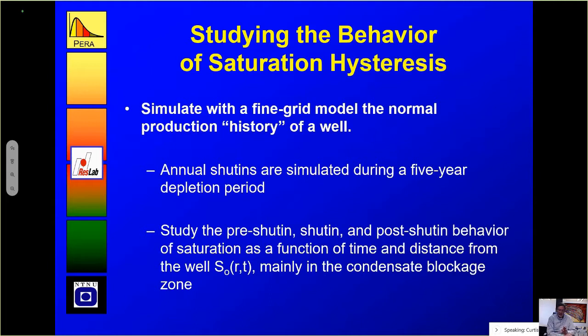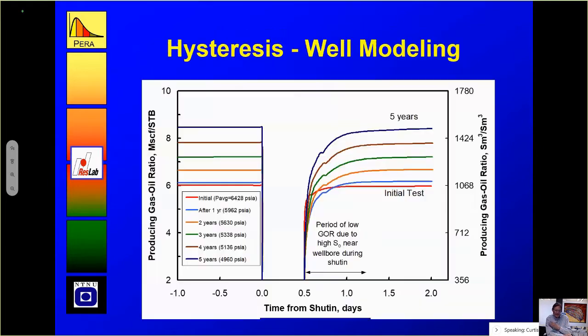And then we're going to look at the saturations and so forth prior to the shut-in, during the shut-in, and after the shut-in when the well's put back on, to get a feeling for what degree of saturation hysteresis we see.